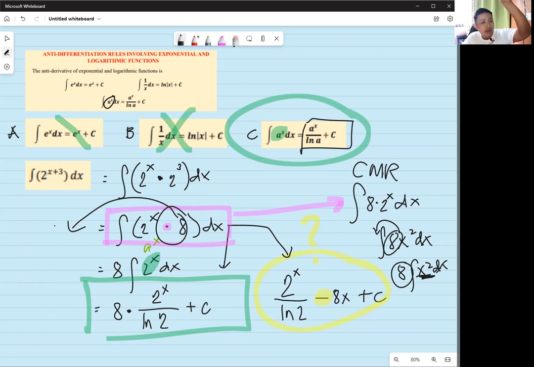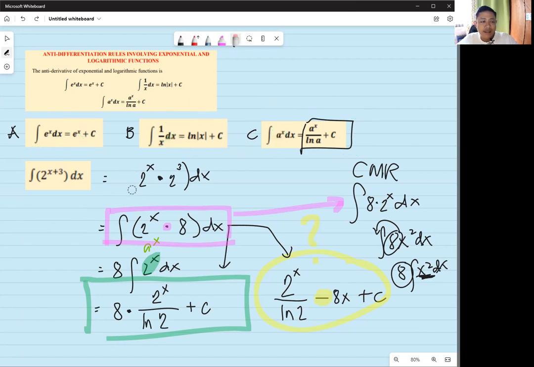The integral is on the other side and you cannot move your solution to the other side. So transposition is not a thing in differentiation as well as in anti-differentiation. Okay? Got it? Thank you so much.